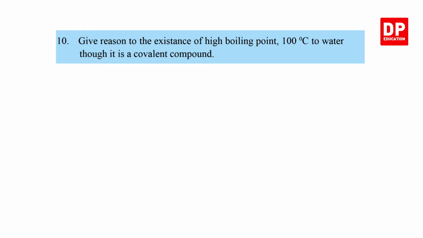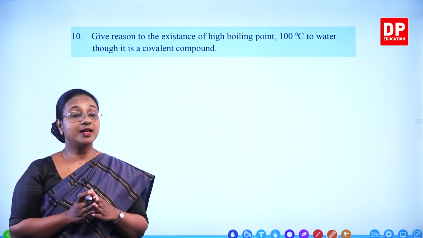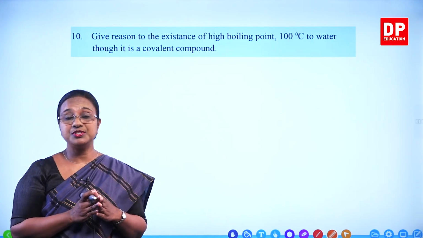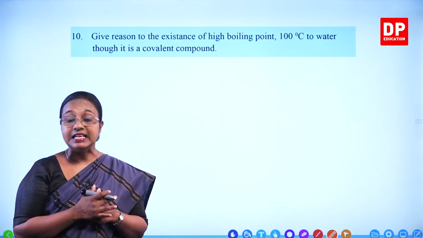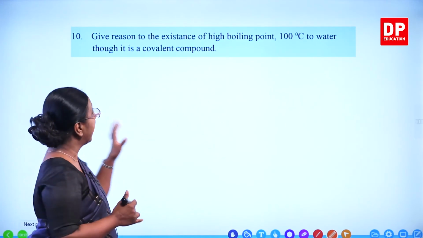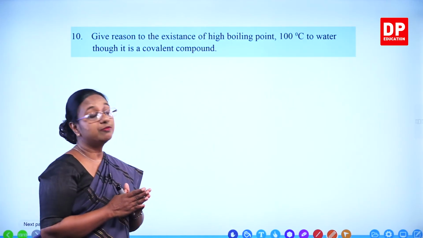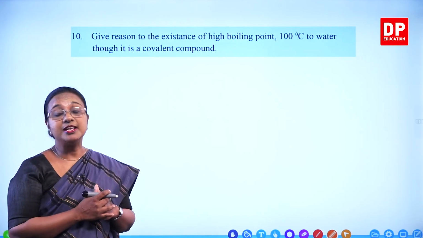Give reasons to the existence of high boiling point, that is 100 degrees Celsius to water, though it is a covalent compound. So you know, normally molecules are there in covalent compounds and between the molecules there is intermolecular bond or intermolecular forces. And here the intermolecular force that exists between water molecules is somewhat strong.